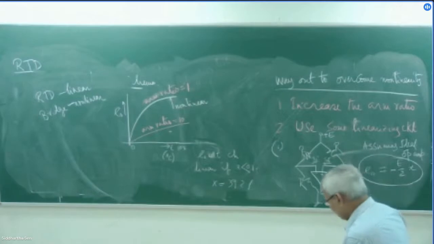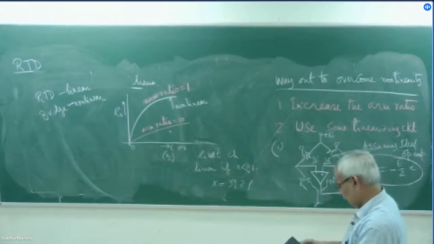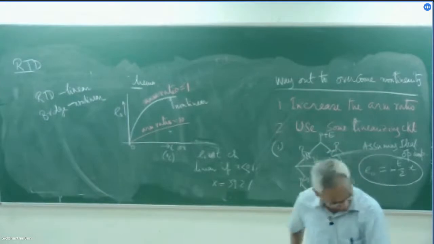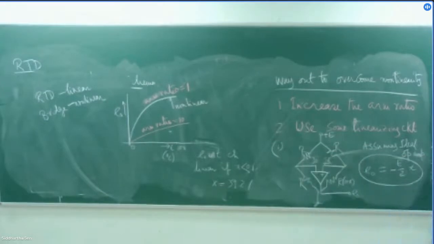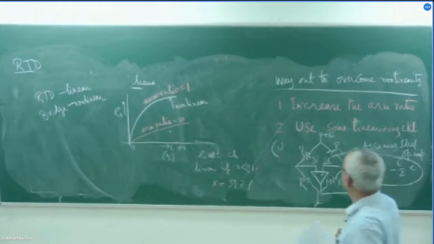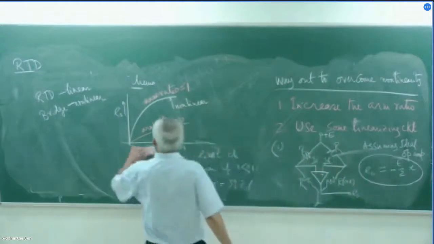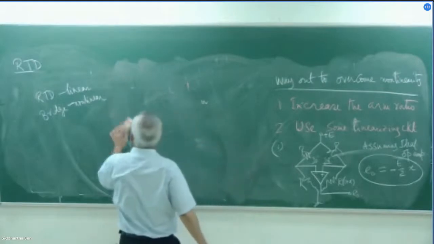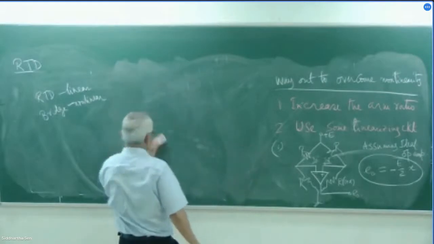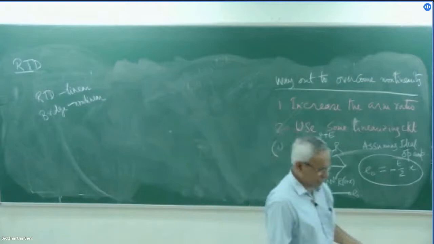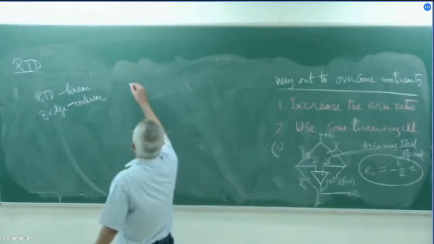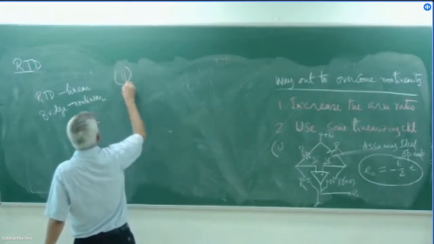I don't think I have more time. So, I will just draw another scheme and quickly ask you to try to solve it. It is a more practical scheme, actually. This is employed by Analog Devices.